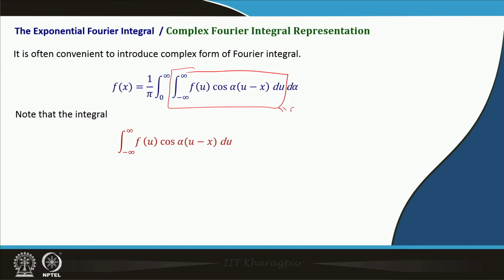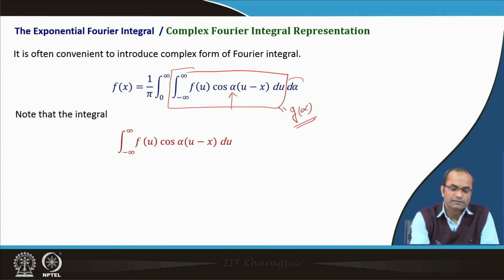Suppose this is g(alpha). We are treating it as a function of alpha, though we have u, which is integrated, and x as well, because the outer integral is over alpha. So basically we have 1 over pi, the integral from 0 to infinity of g(alpha) d alpha.